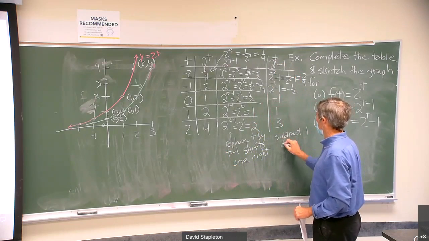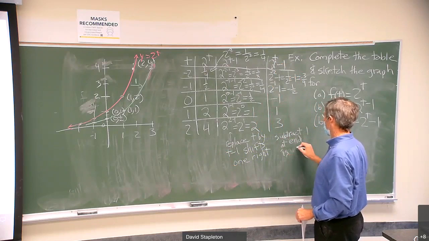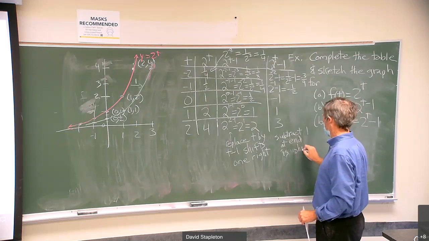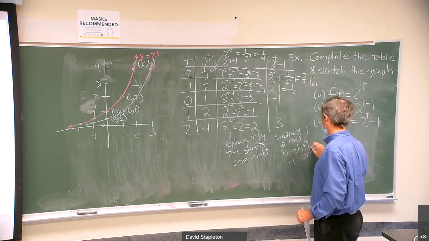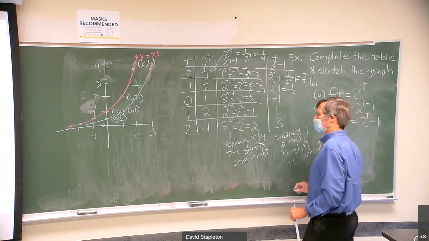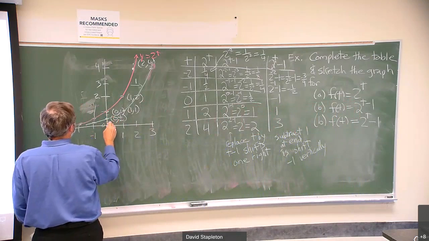At the end, it's a shift of minus 1 in the y coordinate, vertically. So all I really have to do is take all those points and move them down 1. Instead of 0, 1, I get 0, 0.